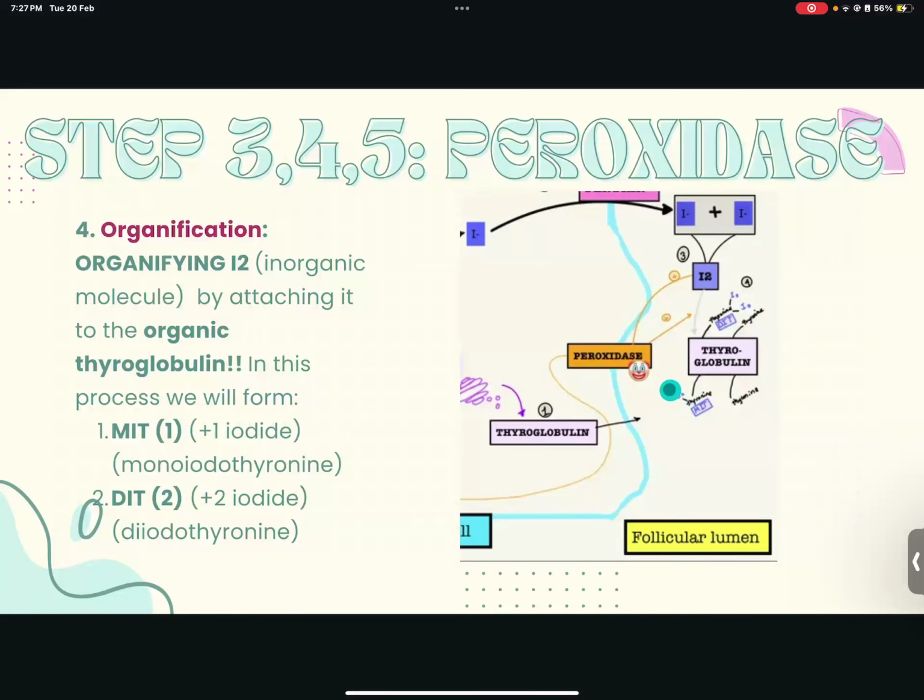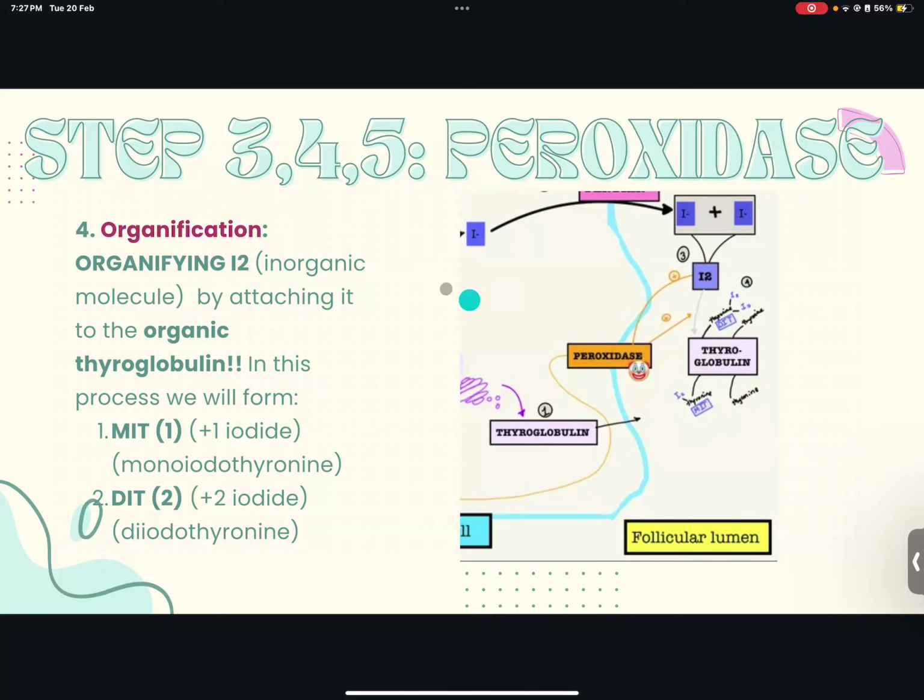If you attach 1 iodine, as you can see here, you're going to produce something called MIT. What's MIT? Monoiodothyronine. Mono, 1, iodo, iodine, thyrine, tyrosine residue. Then if you attach 2 instead of 1, you're going to have diiodothyronine, which is 2 iodines per thyrine molecule.